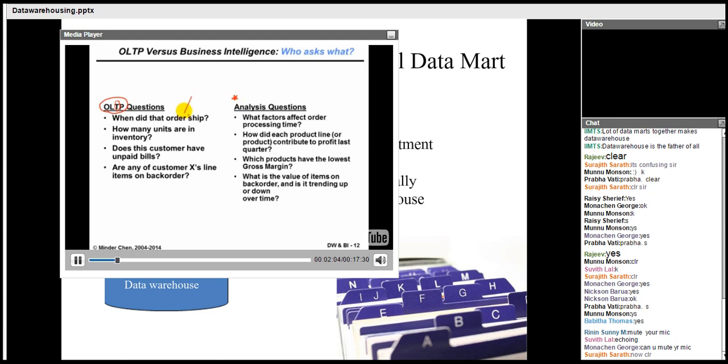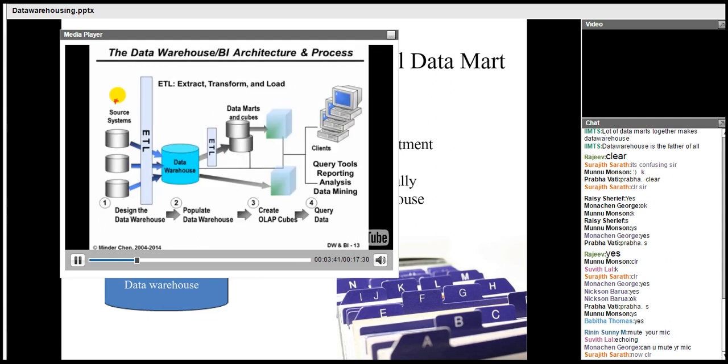If you ask question about a specific order, specific product items, specific customers, in terms of product inventory level for specific product, status of a customer's order, that could be in the traditional transaction processing system.